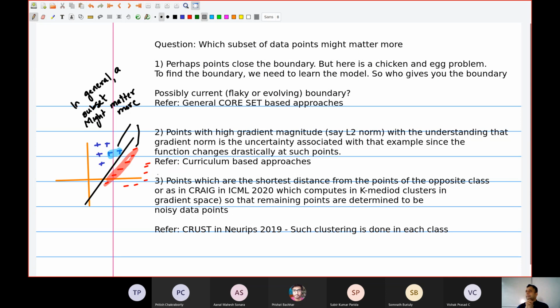With the X space, we can draw a small ball around all the points, and those who have more neighbors will be less important, and those who have fewer neighbors will be more important. So draw a ball around each point and look at the neighborhood, and if there are too many neighbors, it's crowded.